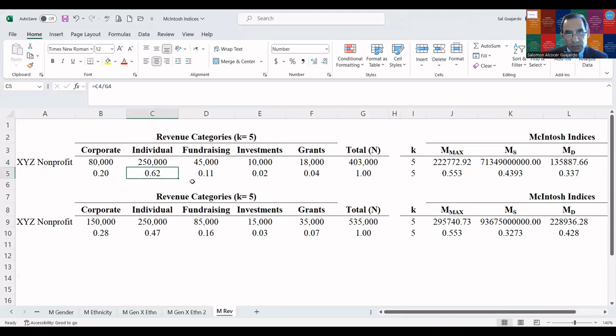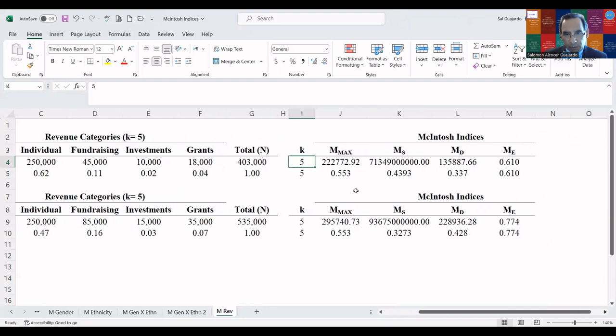That represents 62% of the total revenue. Fundraising is $45,000, representing 11% of the total revenue. Investments is $10,000, again representing 2% of the total revenue. Grant revenue is $18,000, and that is 4% of the total revenue of $403,000. So there are 5 revenue categories.